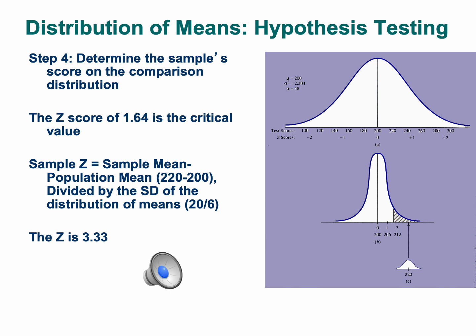That's our comparison distribution, and remember, we just determined that. So we take 20, which is the difference between the sample mean and the population mean, divide that by 6, and get our z-score of 3.33. Now on the next slide, we're going to compare this 3.33 to our critical value and make a decision.